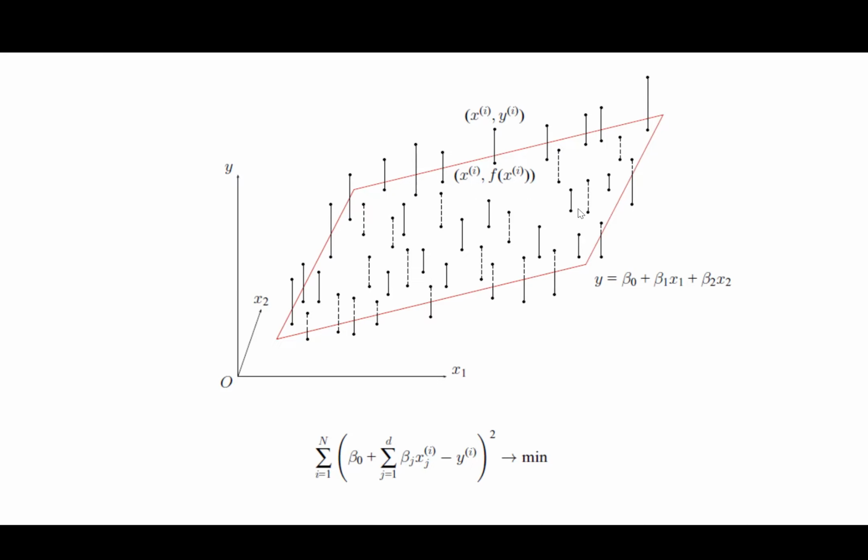And we want to find b0, b1, and b2, such that the residual sum of squares is minimal.